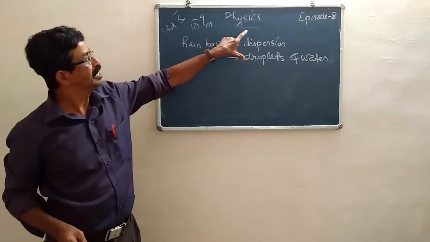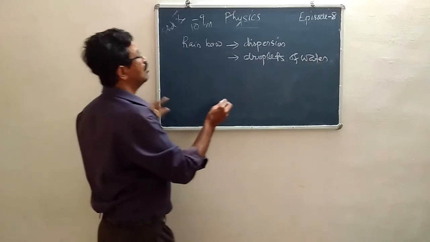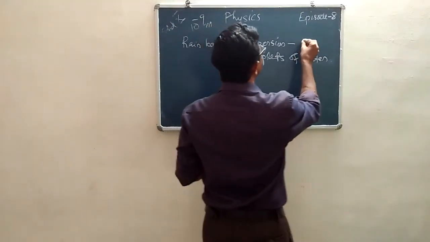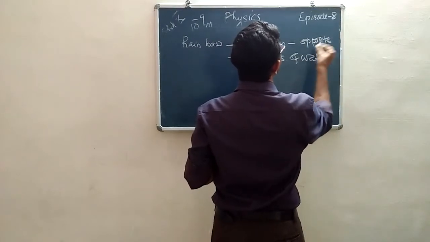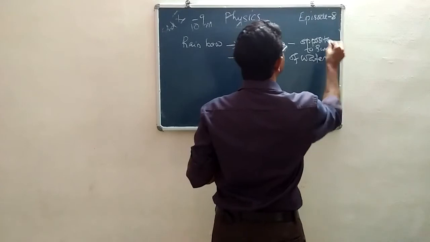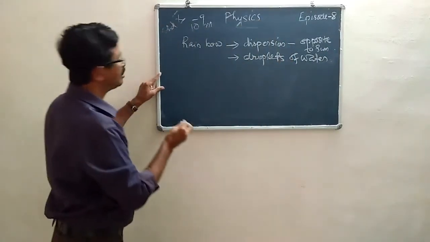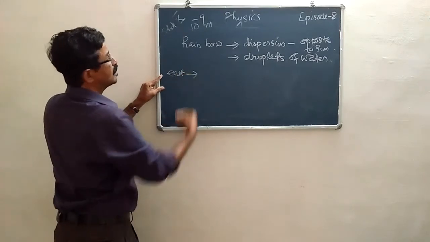In that way, we see a rainbow. A rainbow is always seen just opposite to the sun. That means if the sun is in the east, where can you see the rainbow?